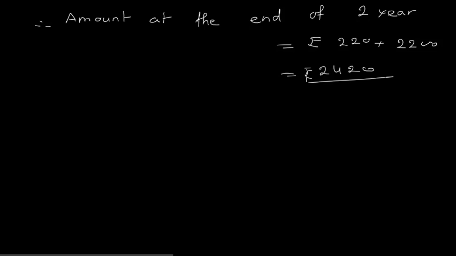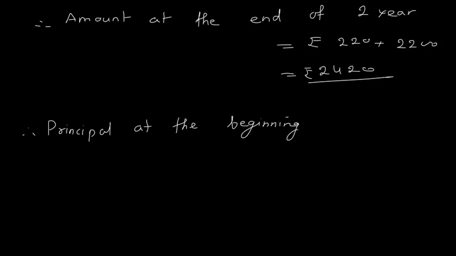Now this is the principal at the beginning of third year. At the end of 2 years means at the beginning of third year, it is rupees 2420. Now we have to find after 2.5 years. That means after 2 years only 6 months, that is half year, we have to count.